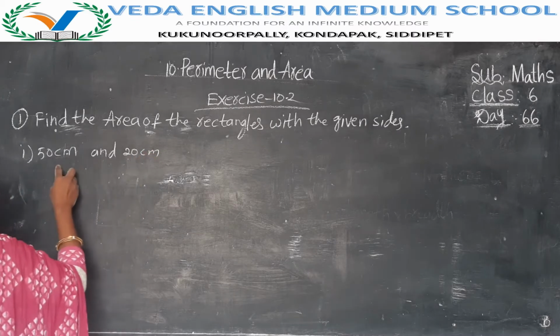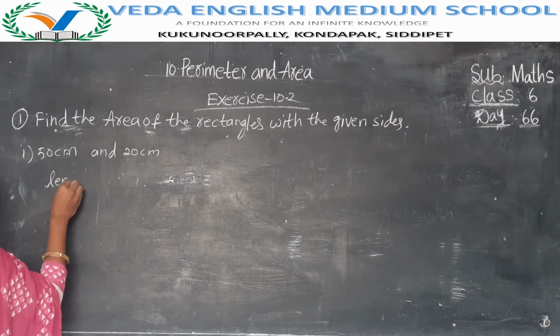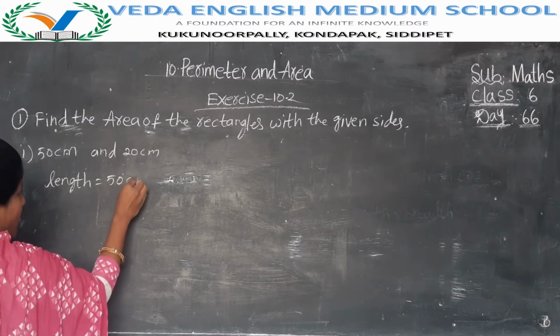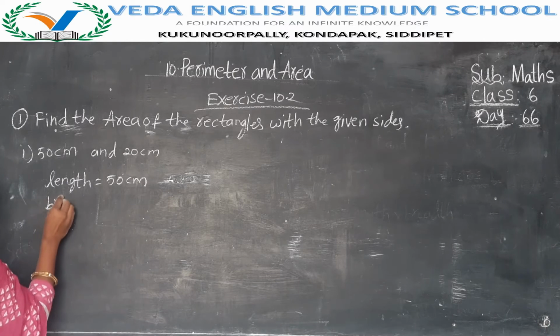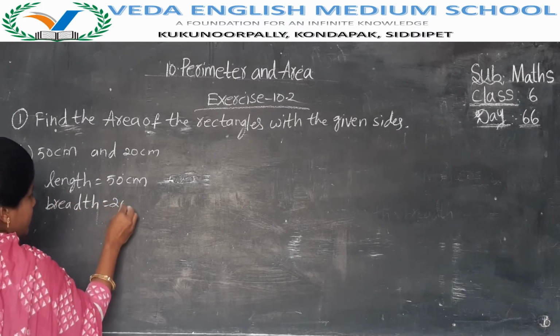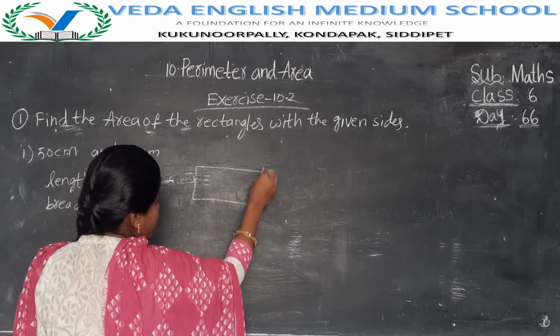So one we have to take as length, another one we have to take as breadth. So length is equal to 50, breadth is equal to 20. So like this, draw one rectangle and assume that one is length and another one is breadth.